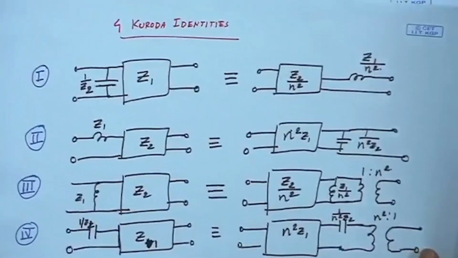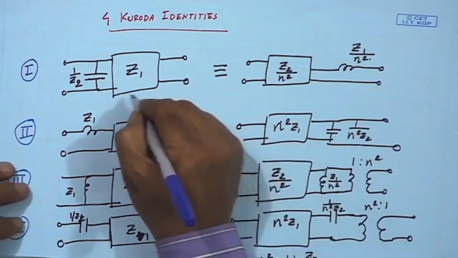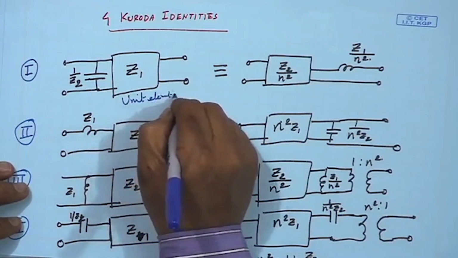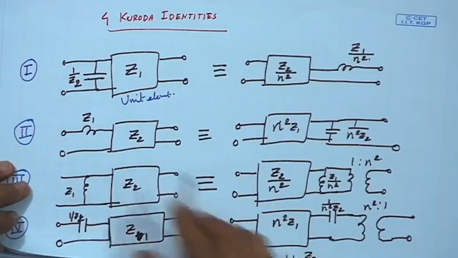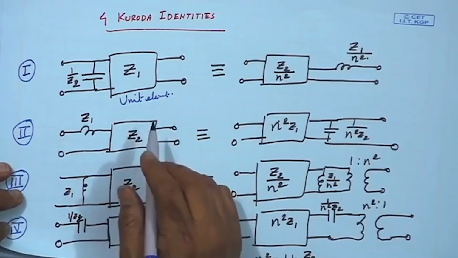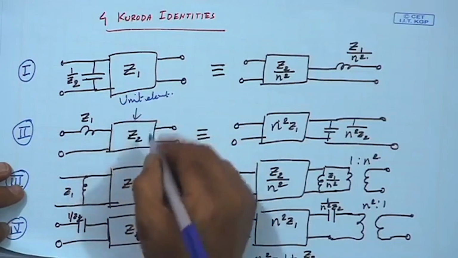So, each box represents a unit element. Basically, it is the same as a transmission line of unit element; all these are unit elements.